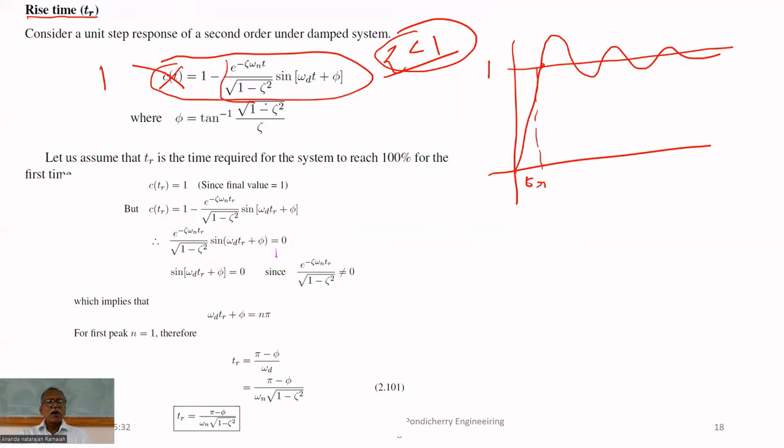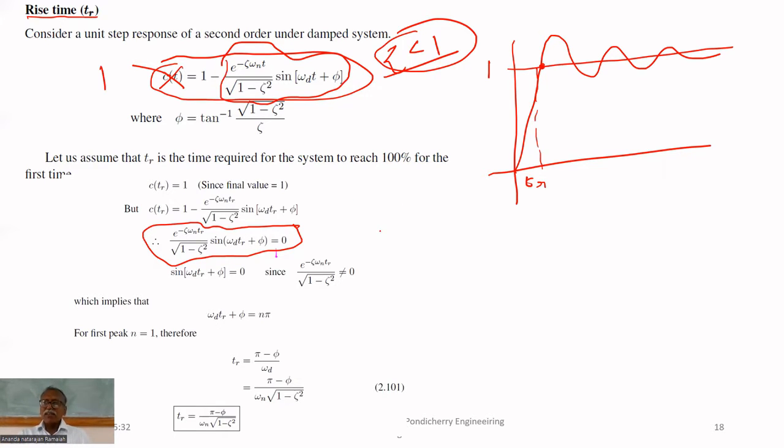Therefore, this part is equal to 0. That is, e power minus zeta omega n t upon square root of 1 minus zeta square, sine of omega d t plus phi, equal to 0. Why is this equal to 0? Because at this point, the value of c of t equal to 1. If you substitute that, 1 gets cancelled, therefore this part is equal to 0.